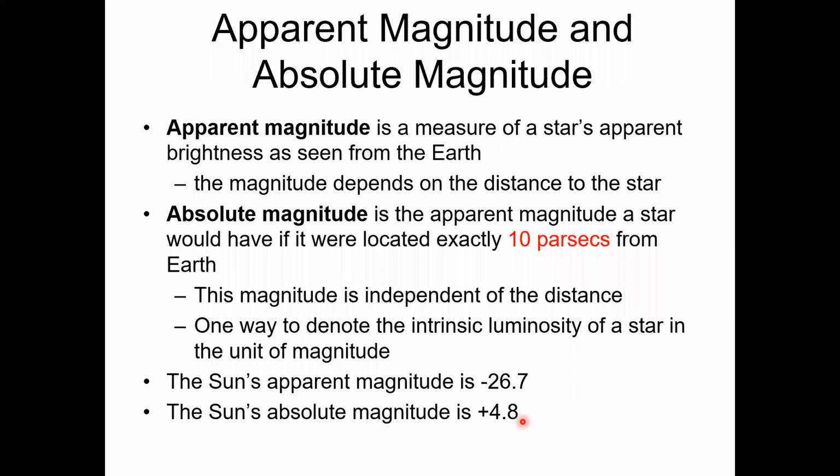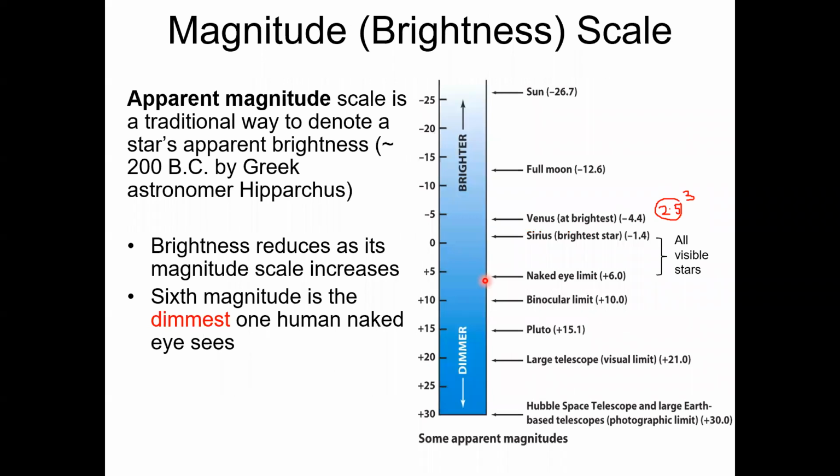If you go back and see something similar to this one, Venus is minus 4.4. Maybe we can compare our sun to Venus. If you bring the sun 10 parsecs away, the sun will look like Venus.